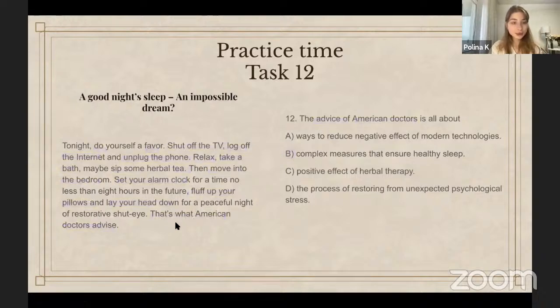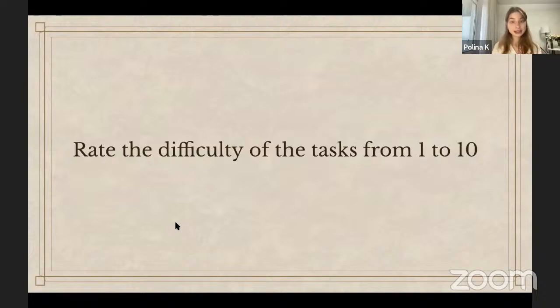I would like you to now rate the difficulty of the tasks from 1 to 10, where 1 is not difficult at all, 10 is very difficult. So, the reading section, how do you feel about it? 2, wow, incredible. I love this. Okay, not 4, but like 0.4, rate 4.